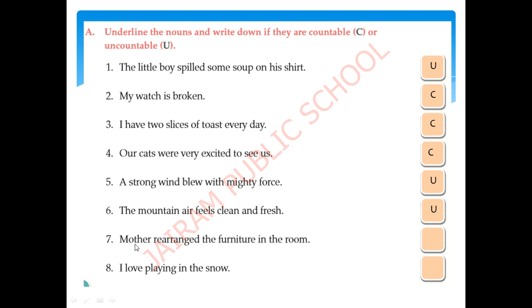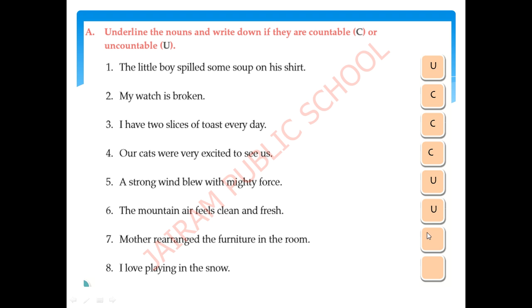Mother rearranged the furniture in the room. What is the word to be underlined in the seventh sentence? Furniture. Underline this word furniture. Here the word furniture is countable or uncountable? Uncountable. Plenty of chairs, tables, that which is called furniture, that cannot be counted.